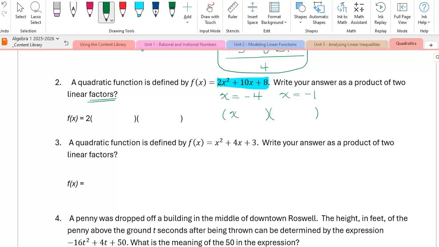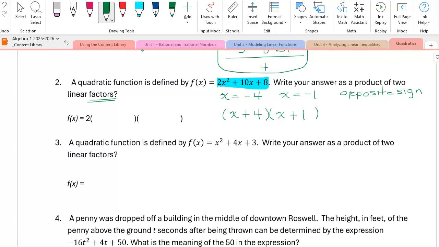Well, you're always going to do the opposite of what is here. So we're going to take the opposite sign. So if this is a -4, I'm going to write x plus 4. If this is a -1, then I'm going to write x plus 1.